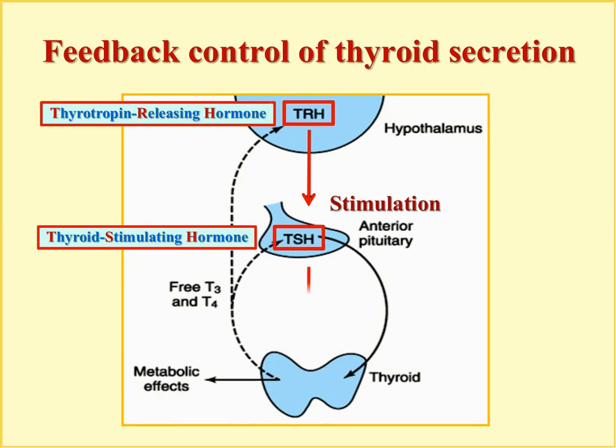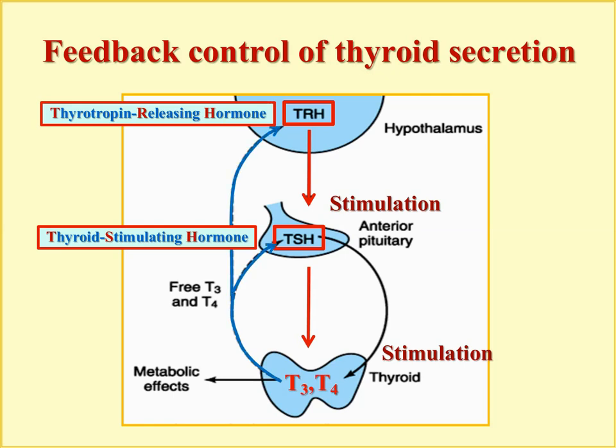Then TSH is released into blood, comes to the thyroid gland, binds to the receptor of the follicular cells and stimulates secretion of T3 and T4. As well, it stimulates the growth of the gland itself.